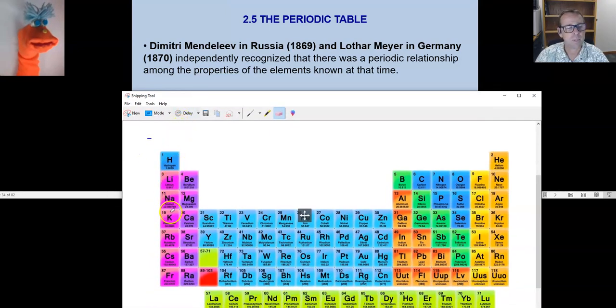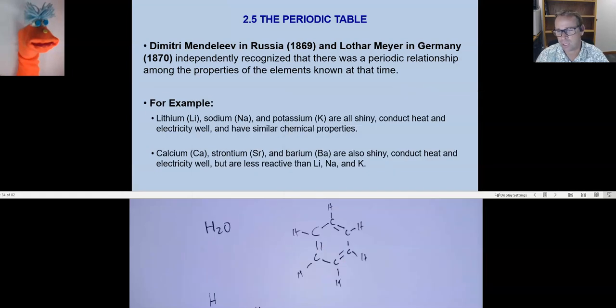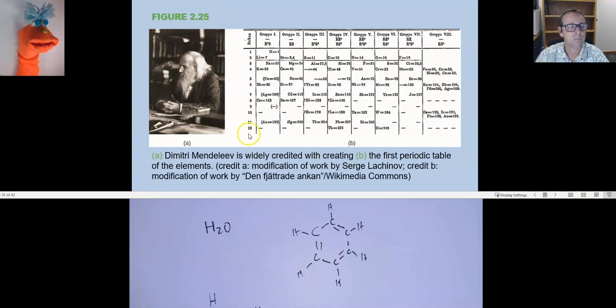And when they began to organize these elements based on their properties, right? This is an example of one of the earliest periodic tables. Elements began to be organized according to properties. It was clear that there were blanks, spaces where, based on trends, elements existed, but they hadn't been discovered or identified yet.